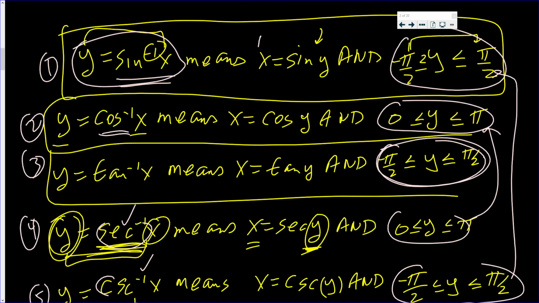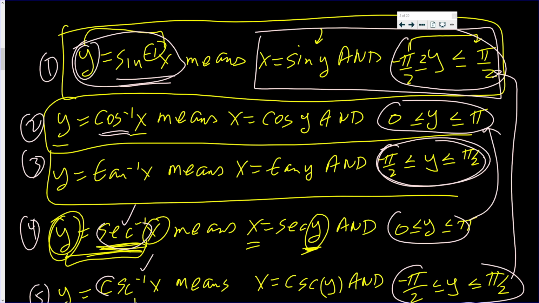Well, there's not much to understand when you memorize that. You interchange these two, and then you drop the inverse. And then you have to remember this second part. This second part is just as important as the first part, because it tells you what quadrant you're allowed to be in. That's the whole thing about inverse functions. You have to know what quadrants you're allowed to be in.